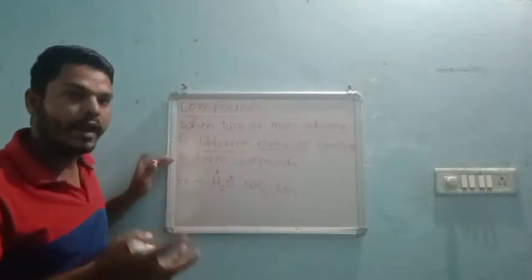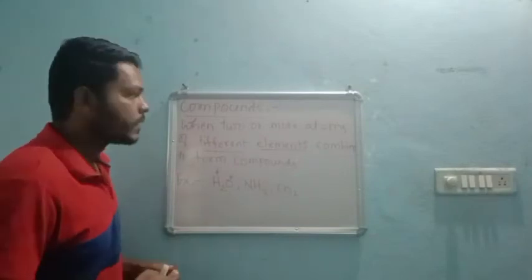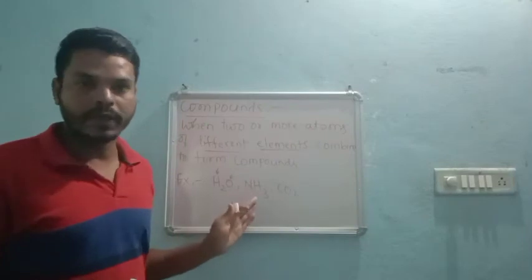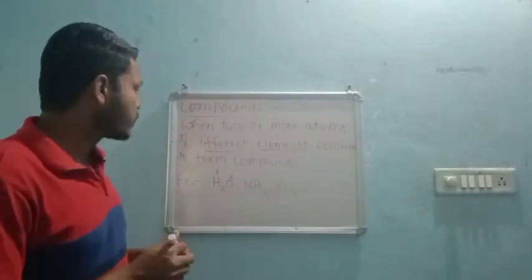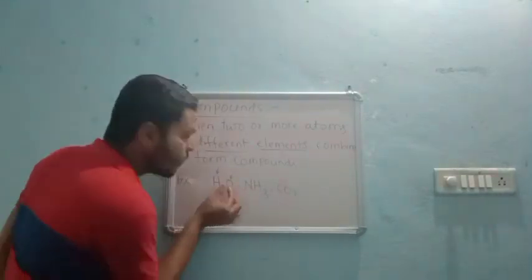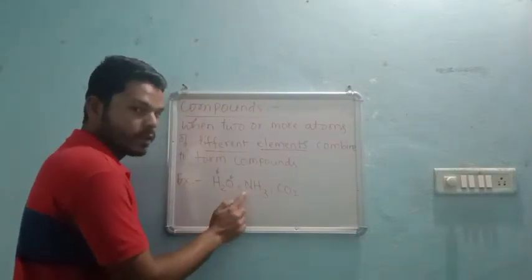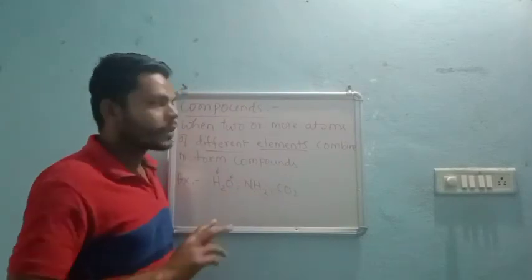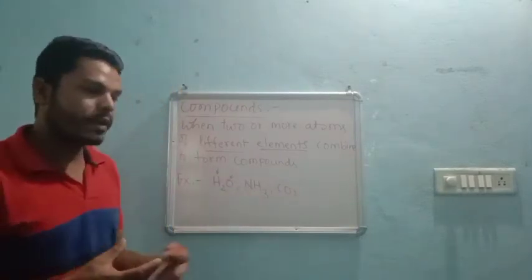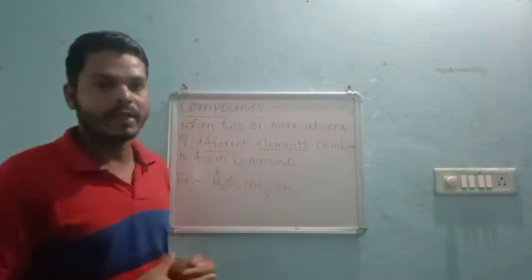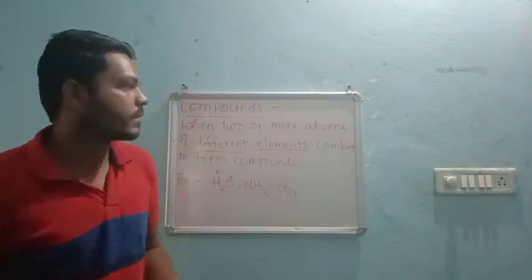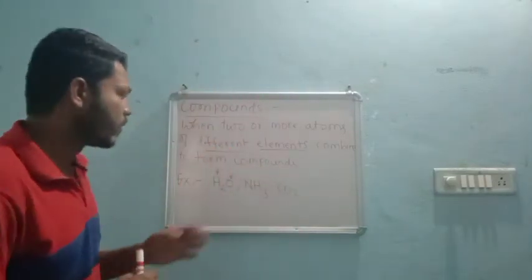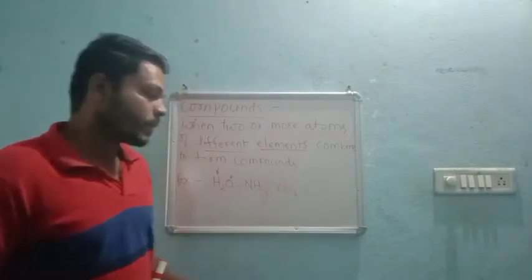If they combine, then the resultant we get is a compound, right? Here also, nitrogen is one element and hydrogen is another element. So if two or more atoms of different elements combine, the resultant is called a compound, right?